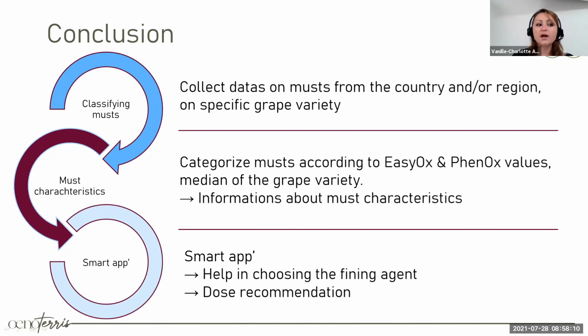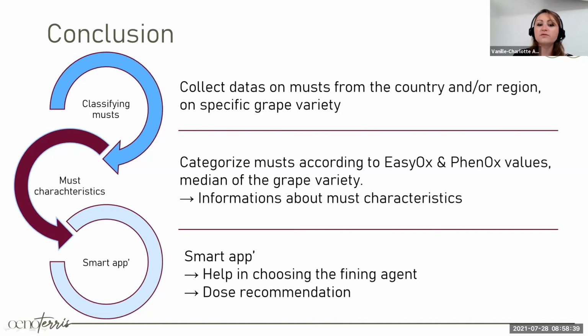So if you don't have the grape variety entered at first, the median that the PolyScan is going to give you is the median for all white, rosé, or red, depending on what color you've selected on the PolyScan. Then when you've had these medians defined, it's going to categorize the musts according to the EasyOx and Phenox values, the median of the grape variety.